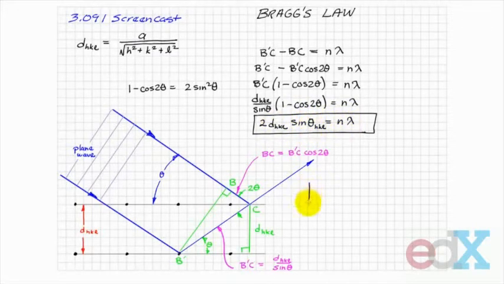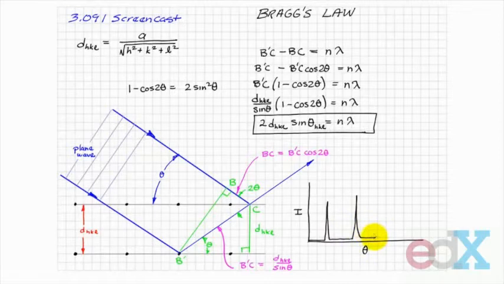If I measure intensity of light as a function of theta, in other words, if I scan these incoming rays through different theta, I'll see nothing, nothing, nothing, and then all of a sudden I'll see constructive interference. And I'll continue scanning, I'll get another reflection.